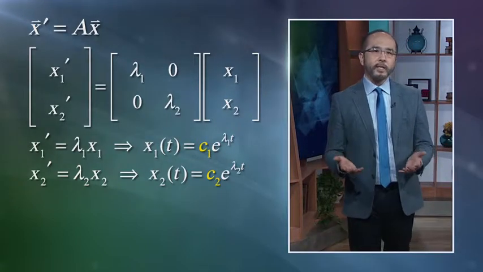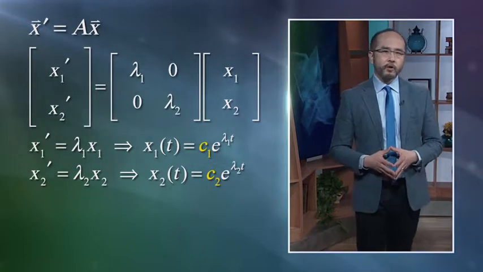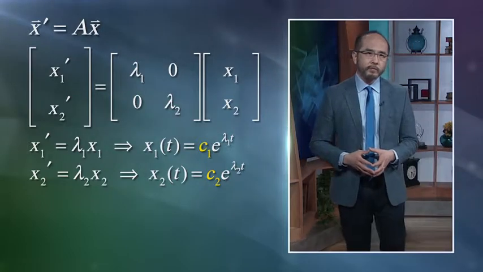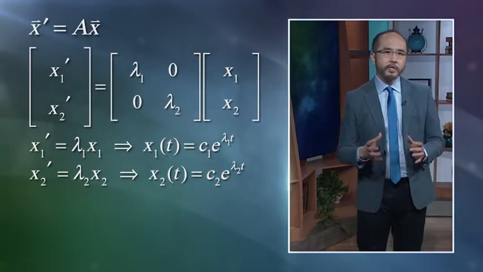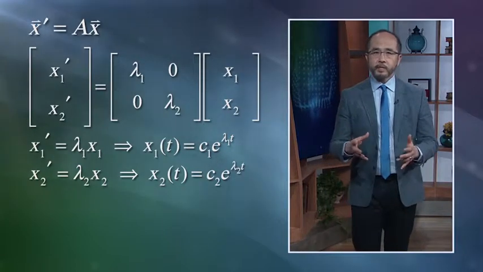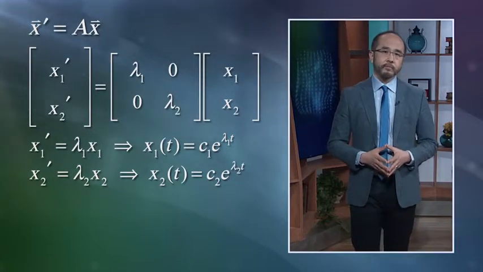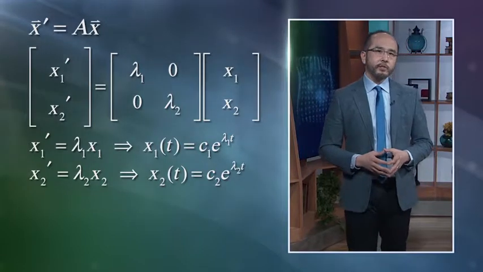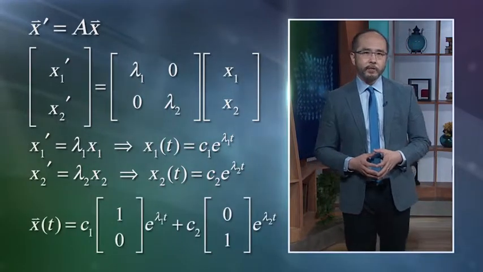This just expresses the idea that lots of functions will satisfy this differential equation. But if you have some initial conditions on the mice-rat populations, then you'll be able to specify these constants more precisely. We can rewrite these solutions as a vector equation.